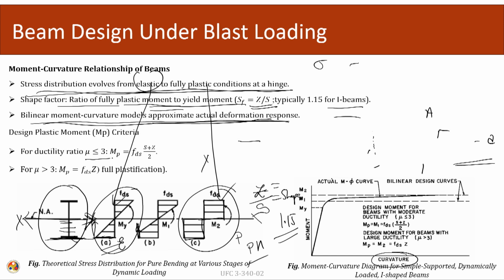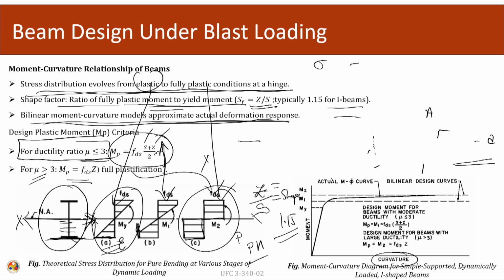For ductility ratio less than 3, plastic moment is considered as occurring in between the fully elastic and the fully plastic region. So, this is the intermediate region. For ductility ratio greater than 3, we assume that full plastification has occurred.